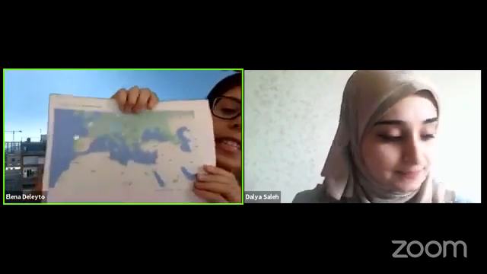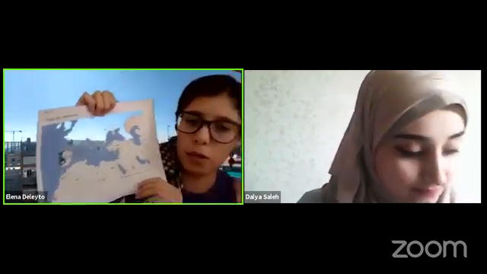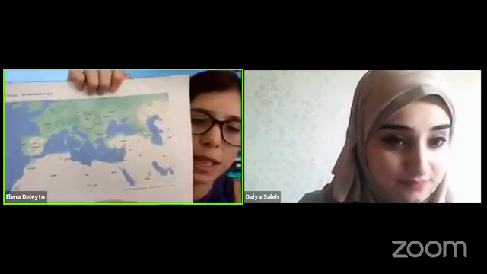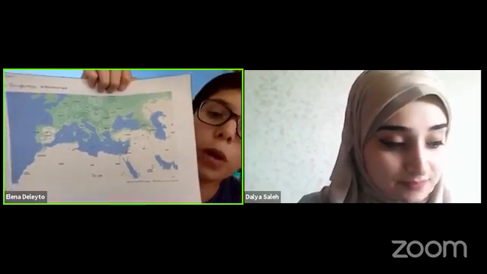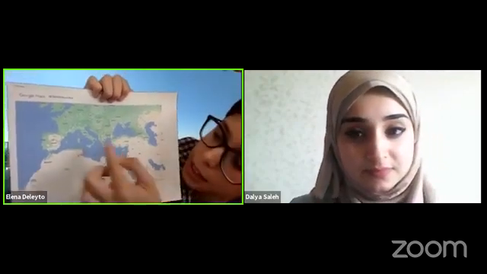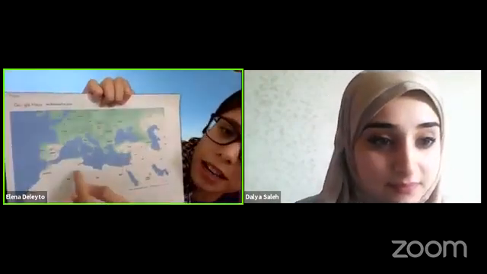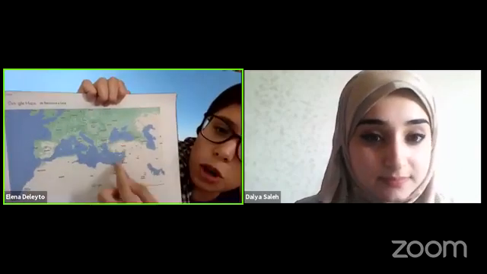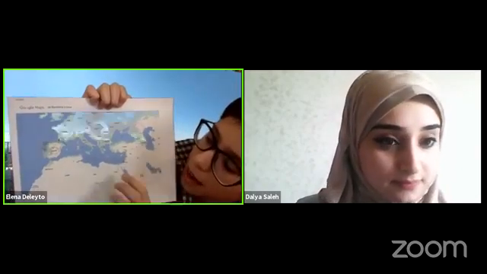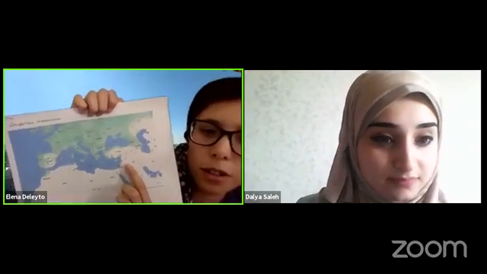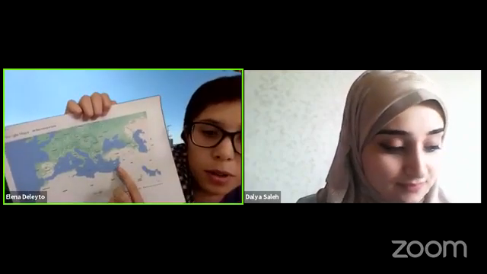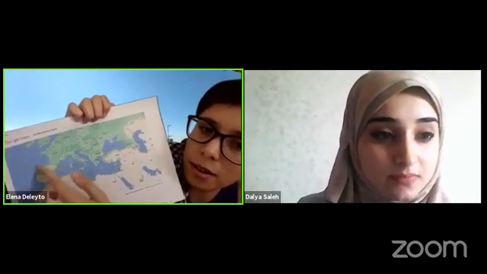This is a map of one part of the world that we all know very well. This is the Mediterranean Sea. So imagine Palestine is right over here on this side, as you already know. Well, Spain is here.